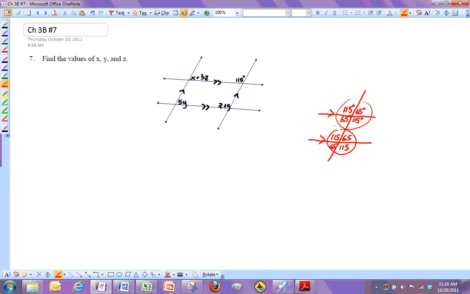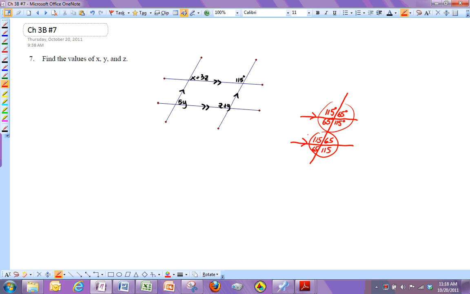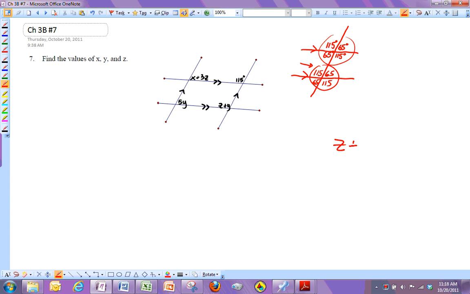If I put it back, you can see that the 115 in the top left of the bottom part ends up where the z plus y is. So over on the side here, I'm going to write z plus y equals 115.